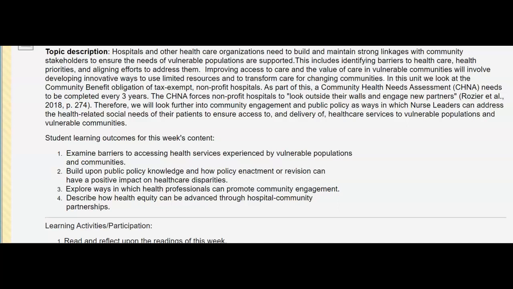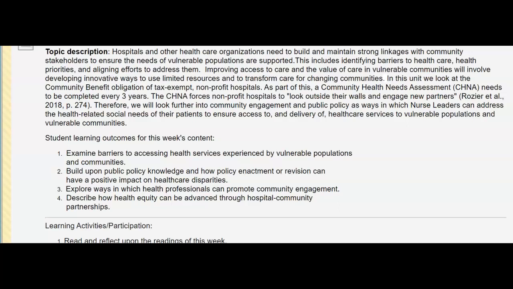The community benefit is an obligation of most, not of all, nonprofit tax-exempt hospitals. It requires hospitals that are nonprofit tax exempt, which is the majority of hospitals in the U.S., to complete a community health needs assessment every 3 years and then do something with that assessment, have an intervention or initiative to decrease these disparities.